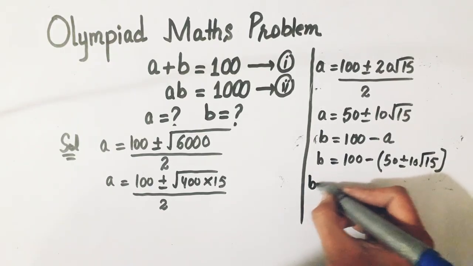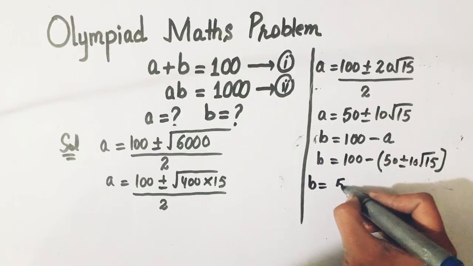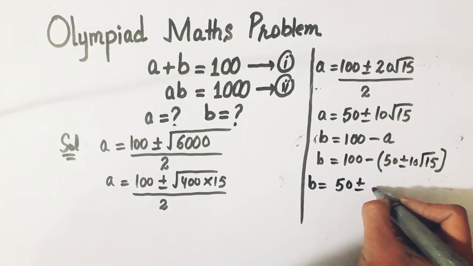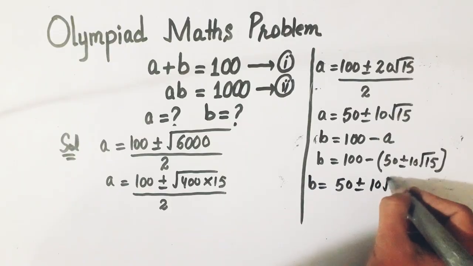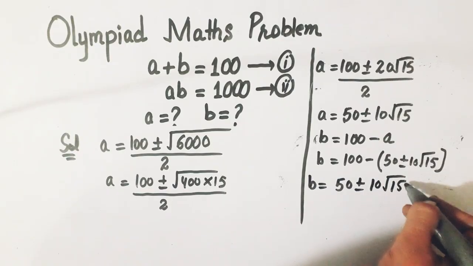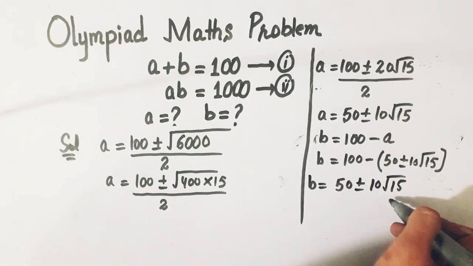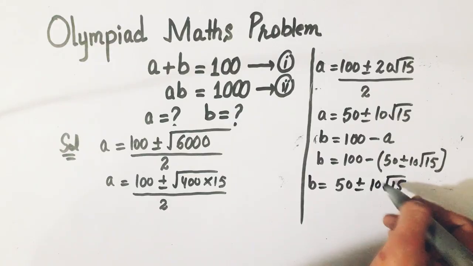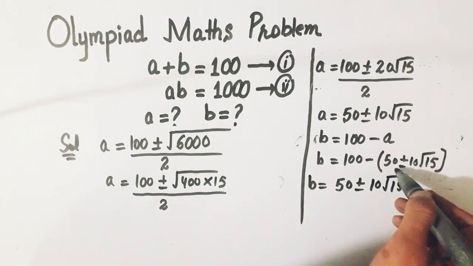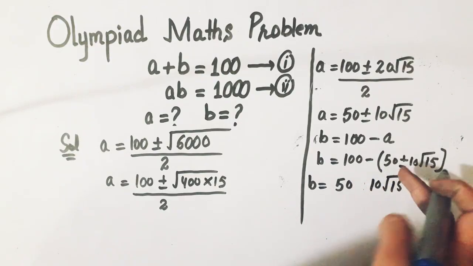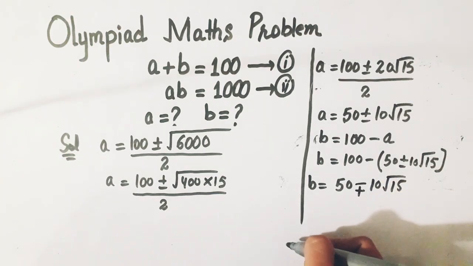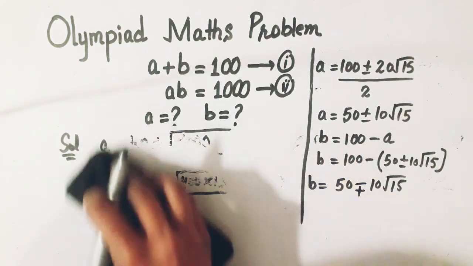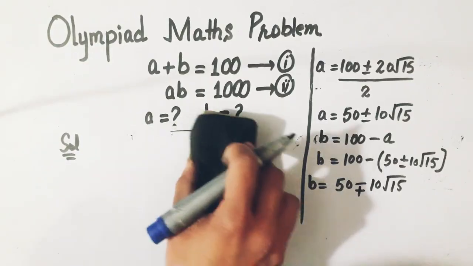That means b equals 50 plus minus 10 root 15. When the minus sign is applied here, these signs are changed, so minus is plus and plus is minus. Now we will write the final answer, the values of a and b.